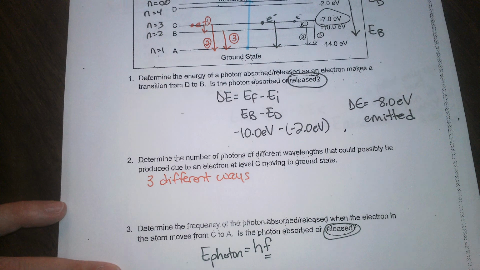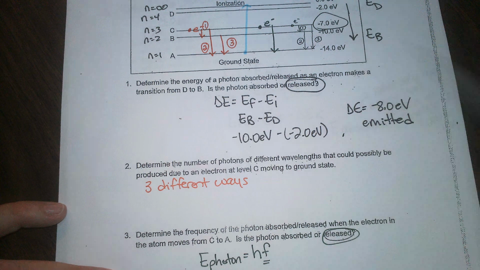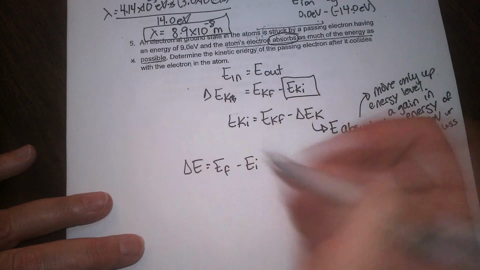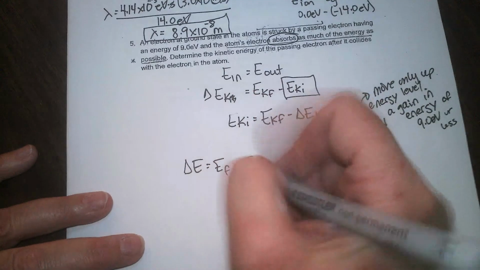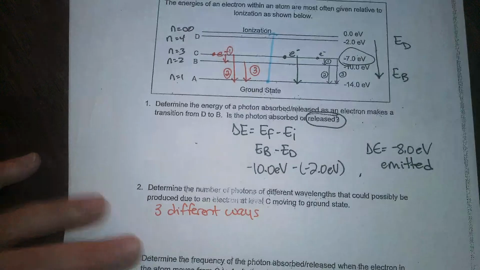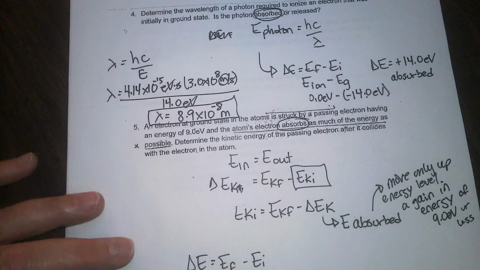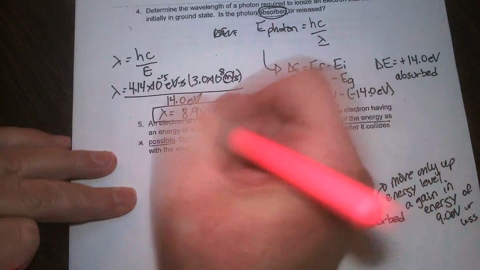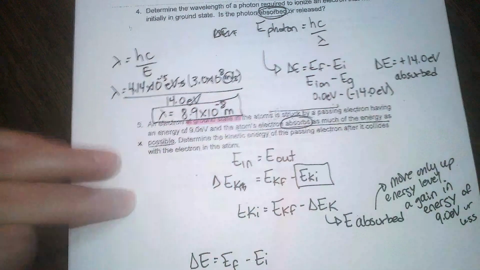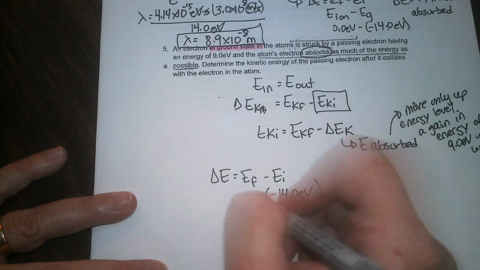Can't see? It's right there. No. Okay. So we're going to end up here because it says here, another piece of information, it starts at the ground state. So ground state is negative 14.0 electron volts.